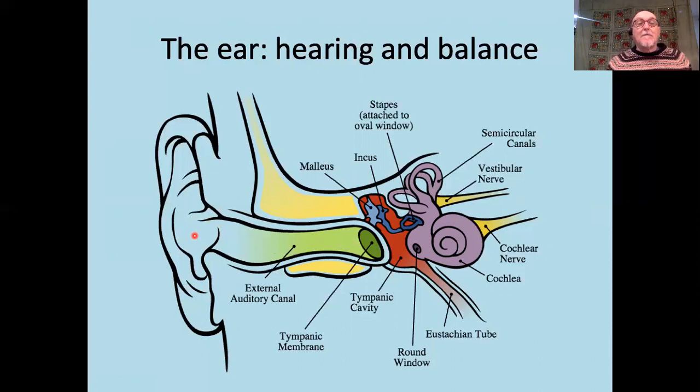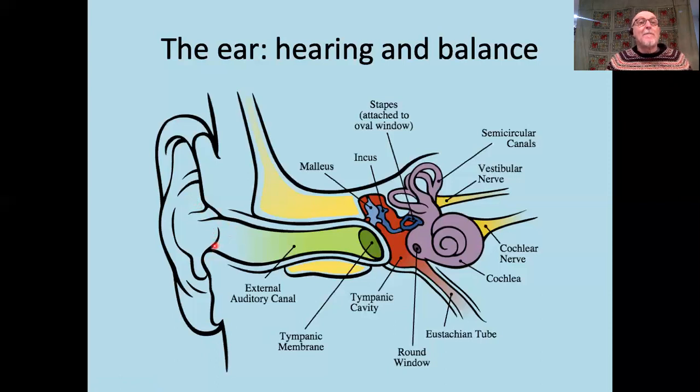In fact, specialists who work on the ear will tell you that you should never try and put anything smaller than your elbow into your ear. In other words, nothing should ever go into your ear. This may sound counterintuitive because the sale of earbuds, for example, is enormous.